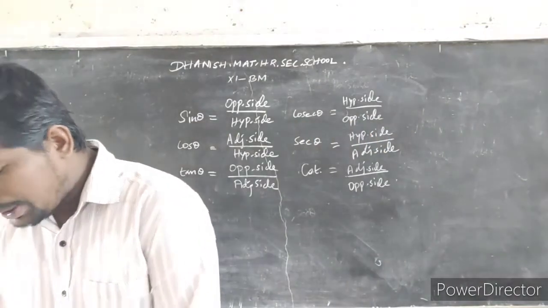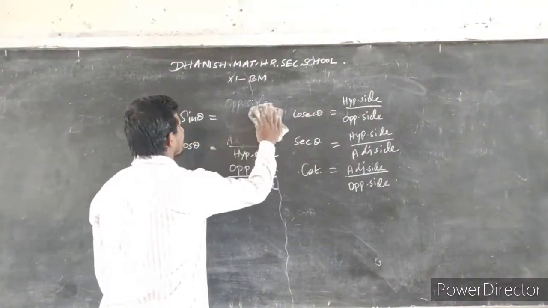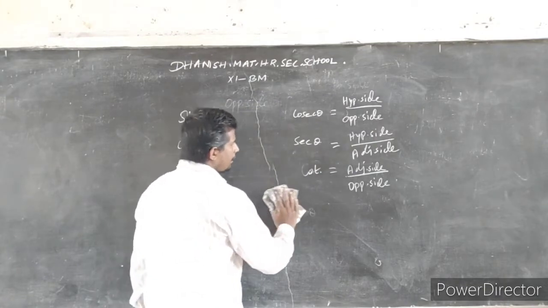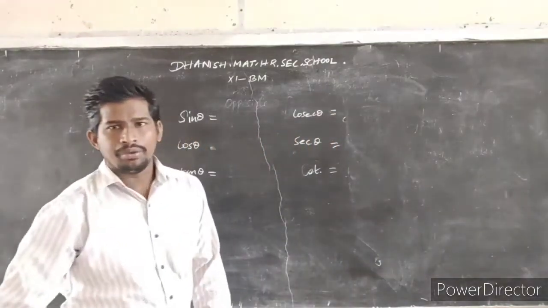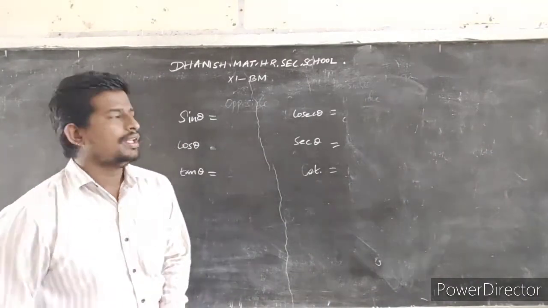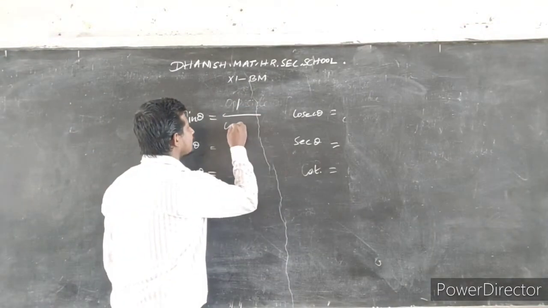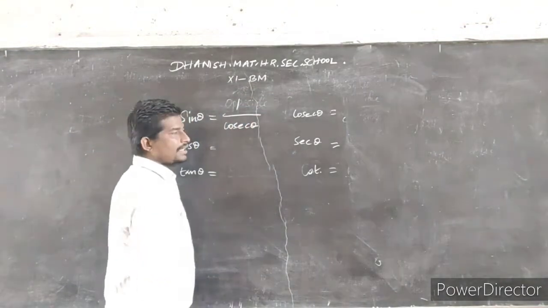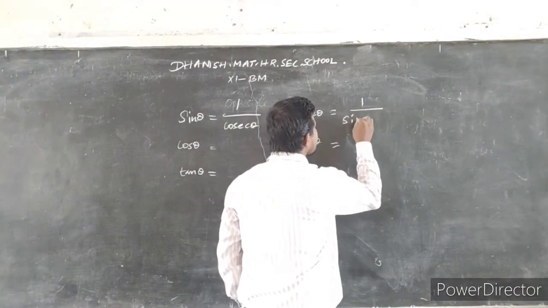Now, relations between trigonometric ratios. We are going to write relations between the ratios. As I already told you, sin theta is the reciprocal of cosecant theta, so sin theta can be written as 1 by cosecant theta. Similarly, cosecant theta can be written as 1 by sin theta.